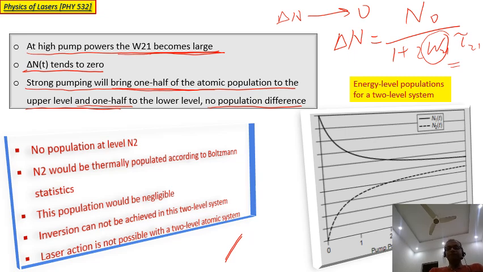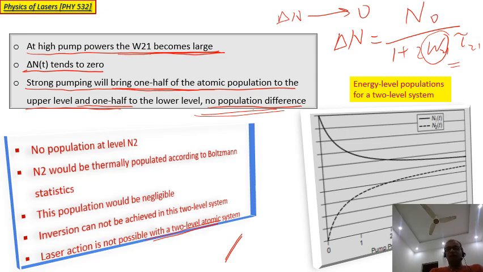So when there is no population difference, there is no population inversion. So if there is no population inversion, there is no lasing. So that is why a two-level laser system doesn't exist.